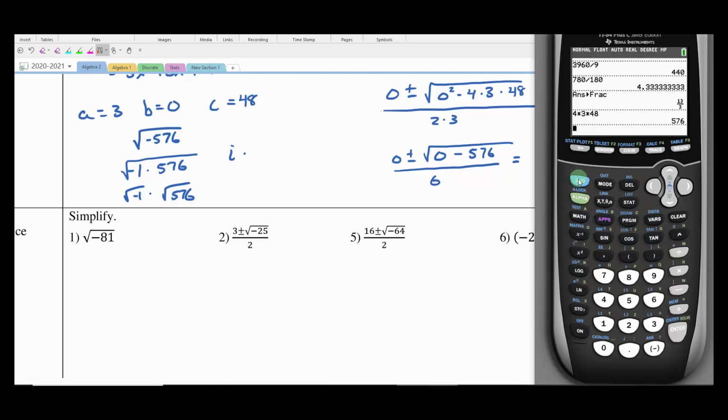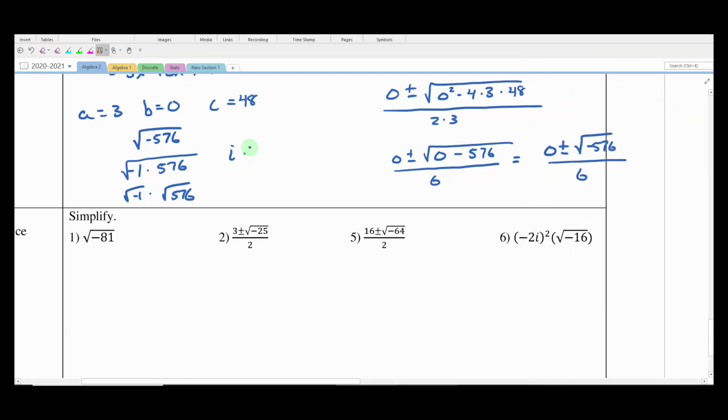So I'm going to say second square root of 576 equals, and we get 24. And so we got 24I. Right. So we got 0 plus or minus 24I all over 6.